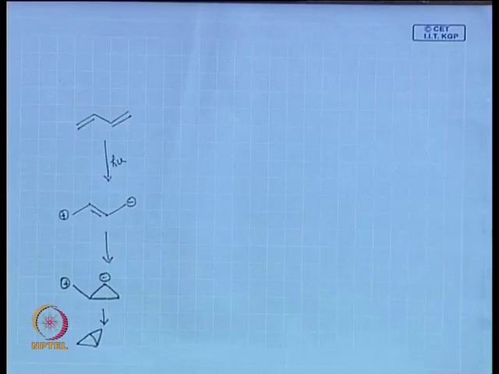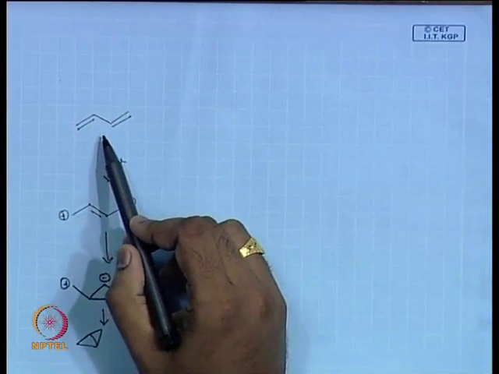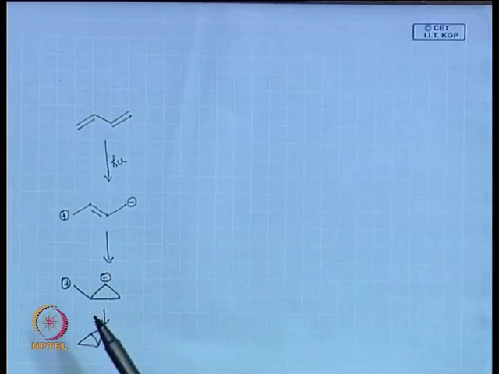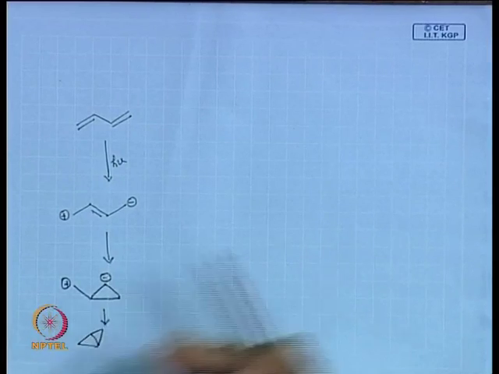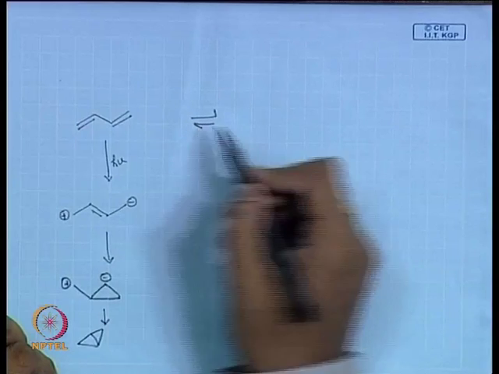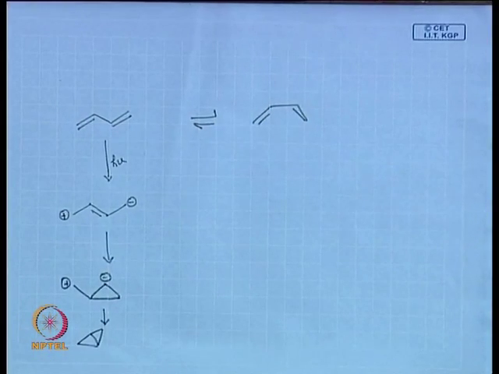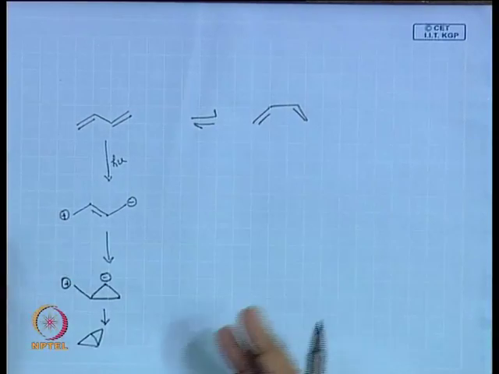Now, you know that if you take this butadiene, it exists both in trans as well as cis forms. So, it will always be in this type of equilibrium, right. You have cisoid as well as transoid form. So, when you are irradiating, both the forms are irradiated. In this case you are irradiating this form to get this.